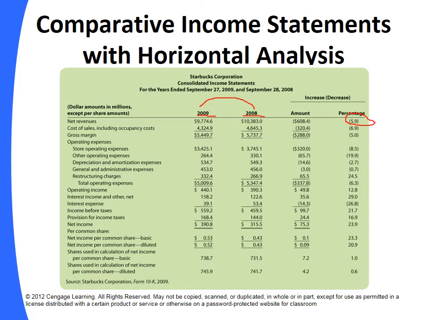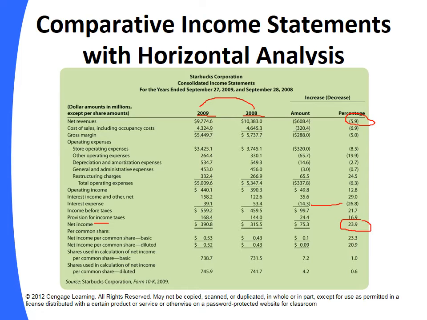But if I come down to the bottom, I can see, wow, that's interesting. Their net income increased. So how can net income increase if their net revenues went down? As I scroll through what's happening, I see that interest expense went down.